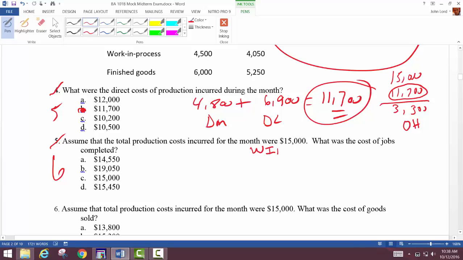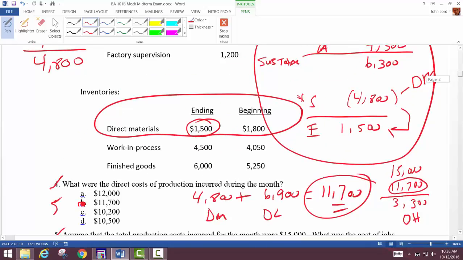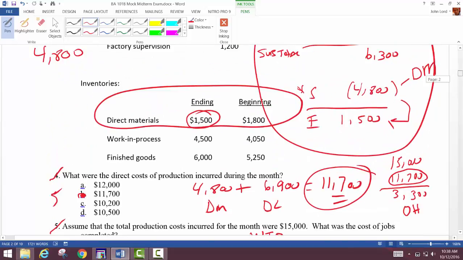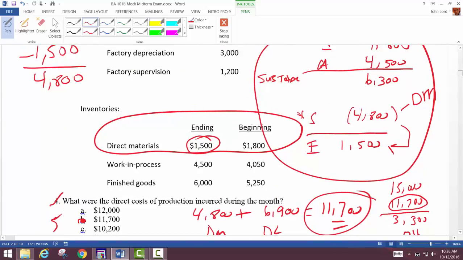When jobs are completed, we transfer them out of work in progress and into finished goods, don't we? So you needed to analyze your work in progress, which is the one I chose to look at. So work in progress is what?